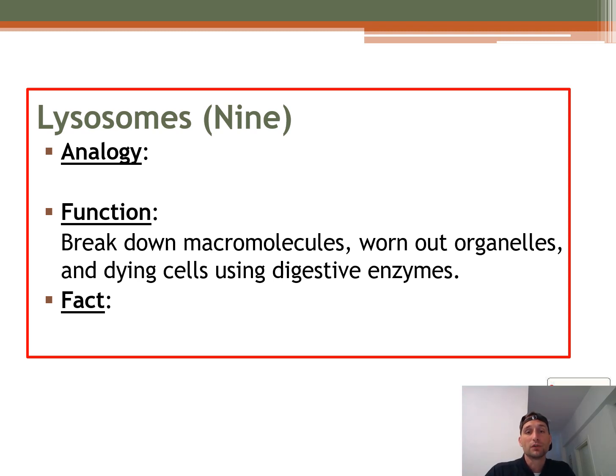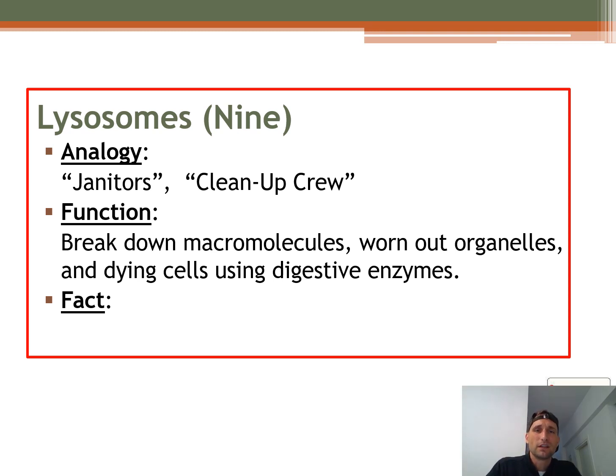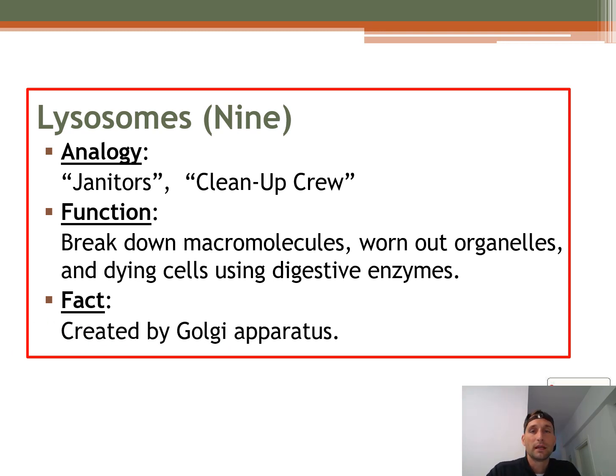But lysosomes can also help break down any worn out organelles that aren't properly doing their jobs, and can even release enzymes if the cell is dying. We'll talk about that process a little bit later on in the year. The analogy for this is the cleanup crew or janitors. And a fact about this is that they are actually special types of vesicles created by the Golgi apparatus.